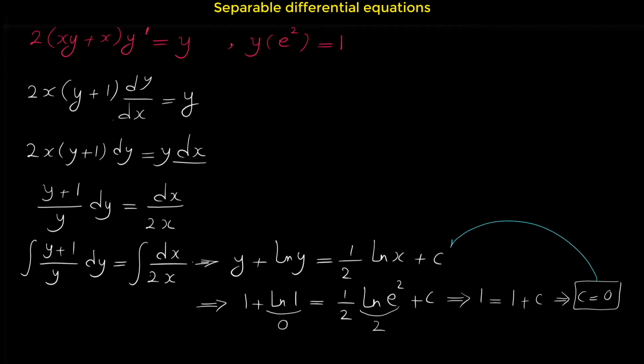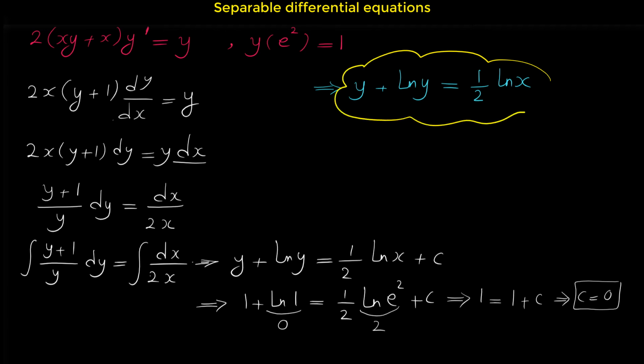Now if we plug in 0 for c here, we get this solution: y plus ln of y is equal to 1/2 ln of x. So this is the solution of this differential equation.